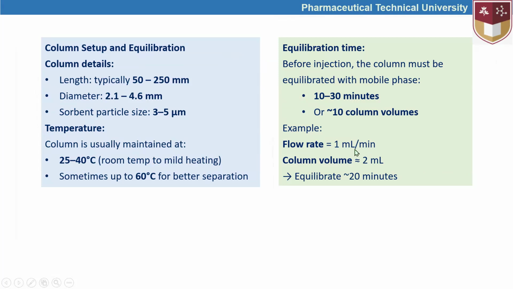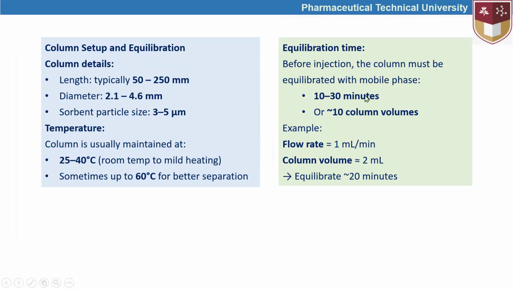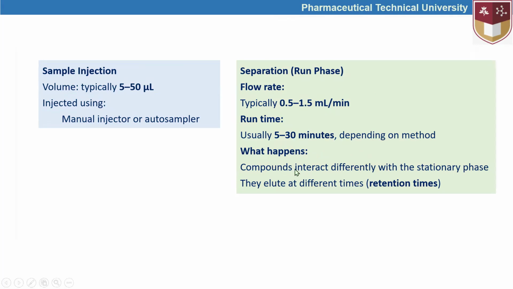Here, the flow rate of equilibration time is 1 milliliter per minute. They could be similar. And if a faster preparation of the equilibration is expected, a higher flow rate could be selected as well.